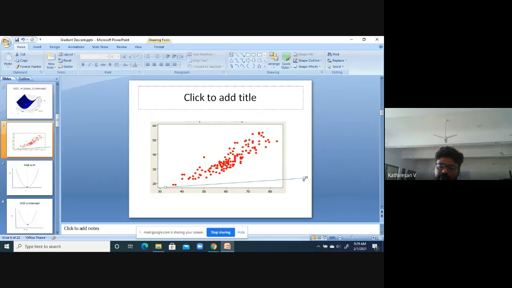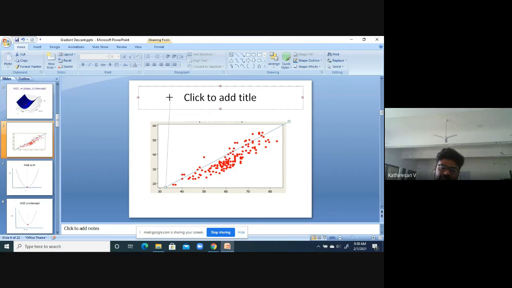If you are taking a long step, you will get only a minimum number of iterations. I'm going to tell what the problem is in taking a long step. Now you are calculating MSE by keeping your line here, then straight away here, then here, and after that, a long step.